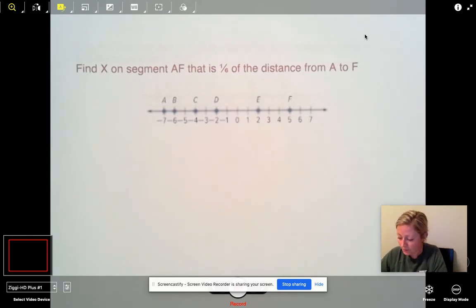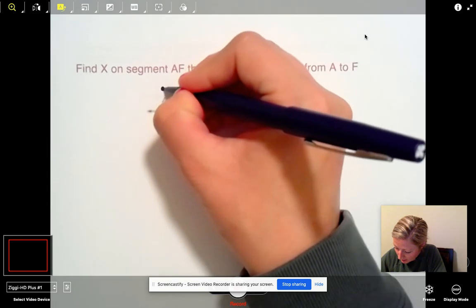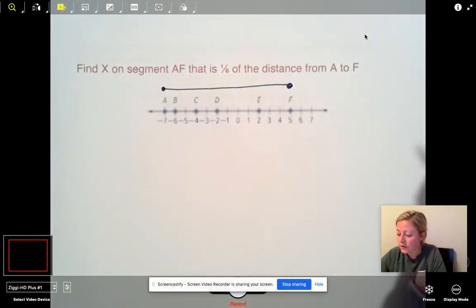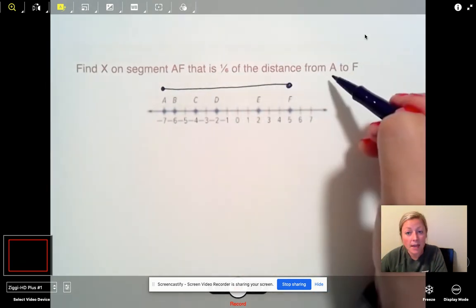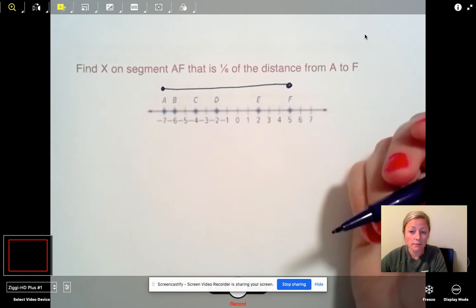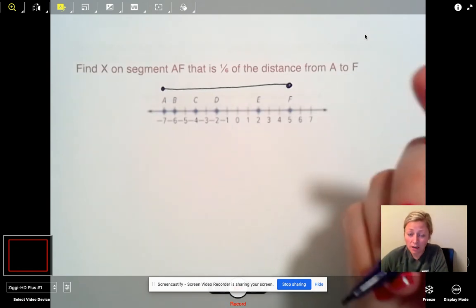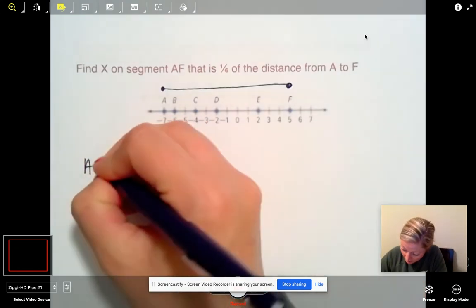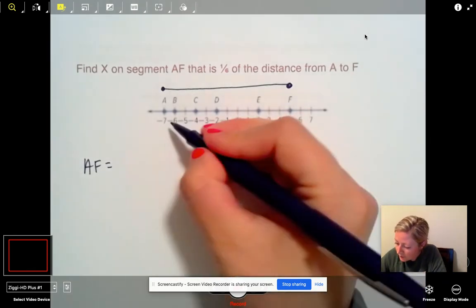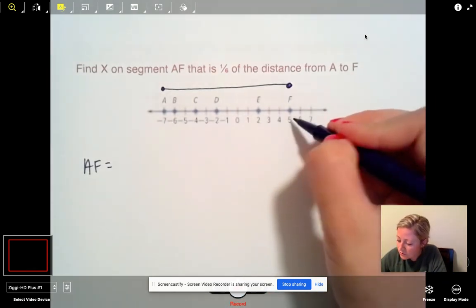So our job is to figure out where x falls on segment AF, so it's 1/6 of the way from A to F. So job number 1, figure out how long AF is. What is the distance from A to F? So we're going from -7 to 5.